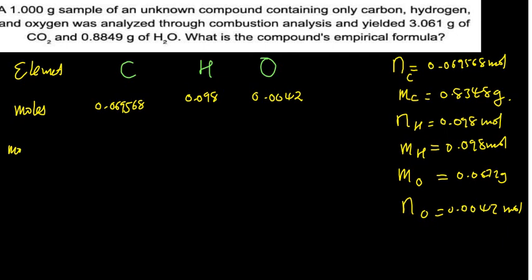And then now you can find the mole ratio. So just look at the smallest number of these you can see here. So this is 0.06, this is 0.09, this is 0.004. So this oxygen is the smallest. So we're going to divide everything by 0.0042. Starting by itself, 0.0042 divided by itself, that will give us a 1. And then we'll go 0.098 divided by 0.0042. 23.333.